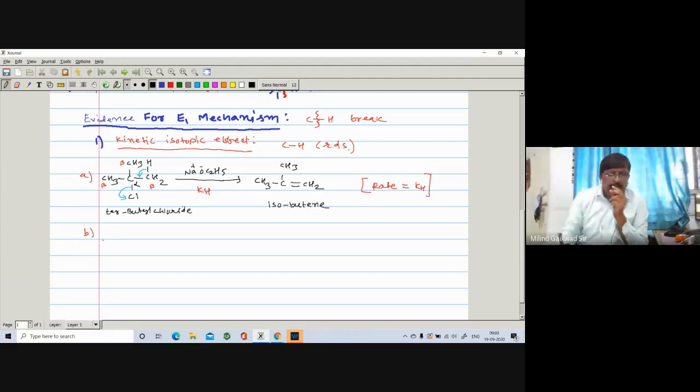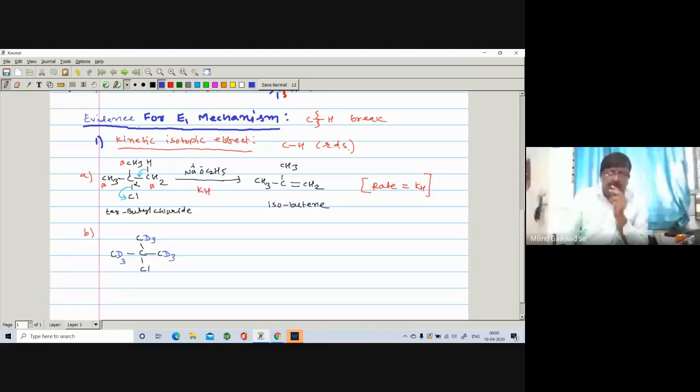Now in the second example, what you do? Here is a substrate, here is a Cl, and the hydrogens are replaced by deuterium. So here is a D, meaning the hydrogen is replaced by D, CD3, CD3, CD3.